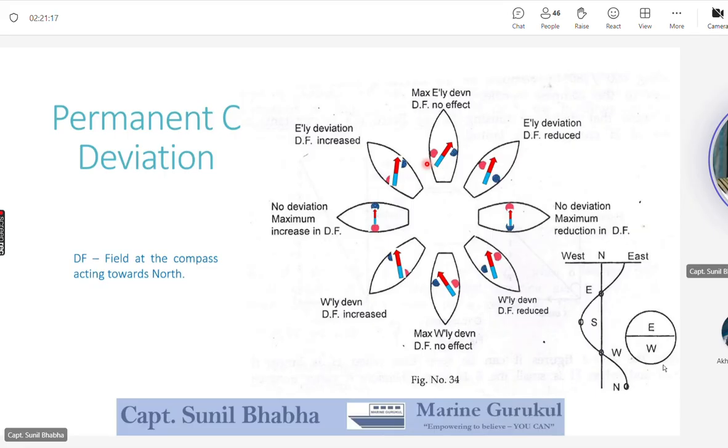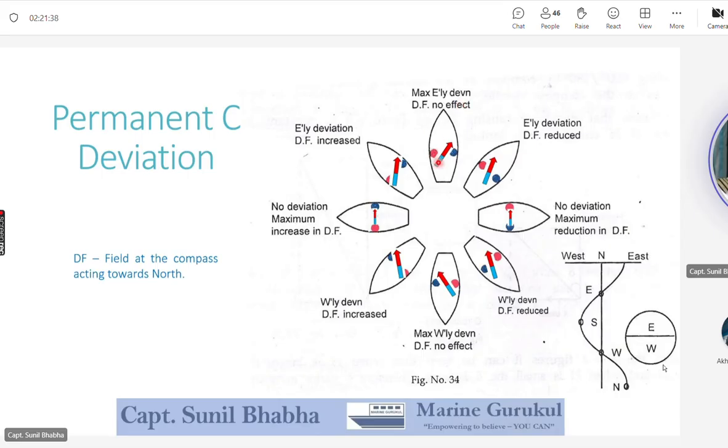And when the ship's poles are at right angles to the magnetic field of the Earth, they generate maximum deviation. So maximum easterly deviation is generated when the ship is on a northerly heading, 000 heading.